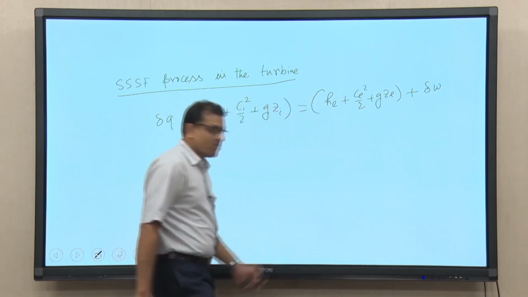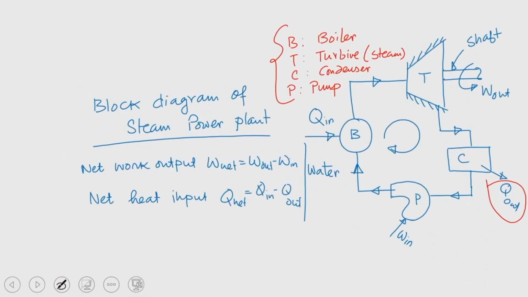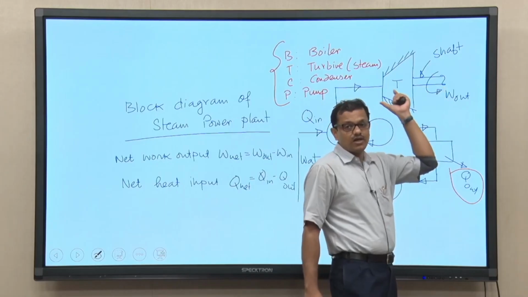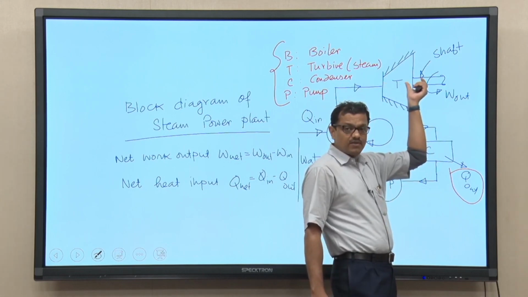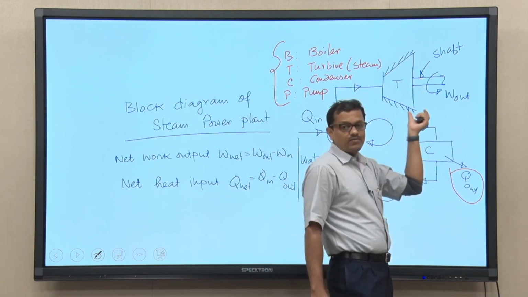If we go back to the previous slide, where we discussed the schematic depiction, you know that in a boiler we just added heat from an external source. In a turbine there is no heat interaction, and only to prevent heat loss the turbine walls are insulated, while we are getting work output. This is the work done by the control volume. We also need to do some amount of work to maintain the flow while steam is entering the turbine and while steam is coming out of the turbine.